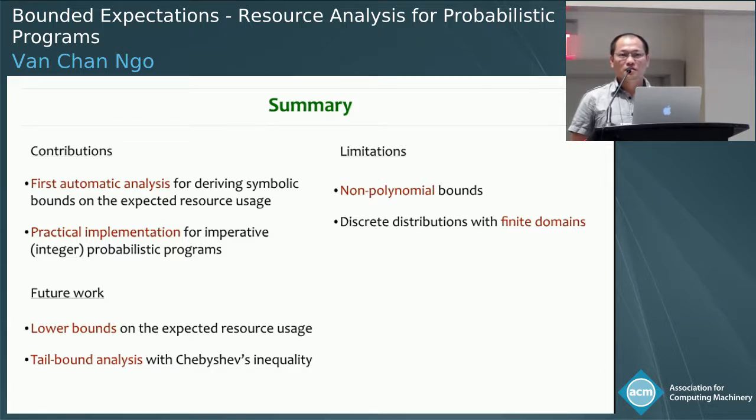The second question: I work with floating point numbers and you have integer programs, so could you extend your technique to, let's say, real-valued probabilistic programs? Would that cause any trouble? I think the trouble comes from two sources.